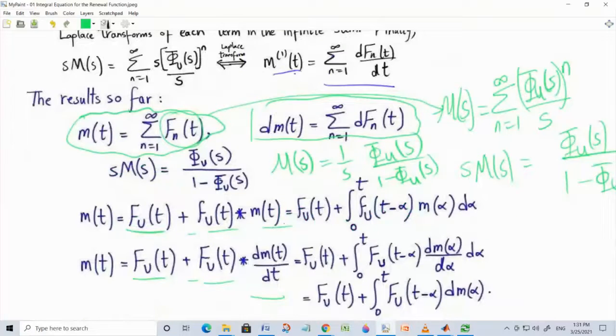Okay, and so we can consider those to be your starting points, and again we will assume that M of t is differentiable and that it has a Laplace transform, that its first derivative has a Laplace transform, and now let's make use of these. Any questions?